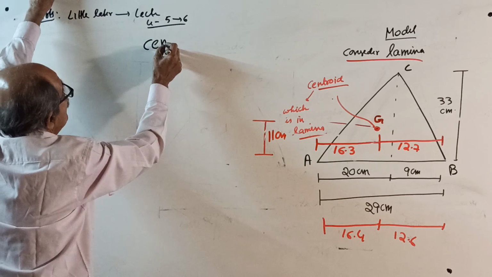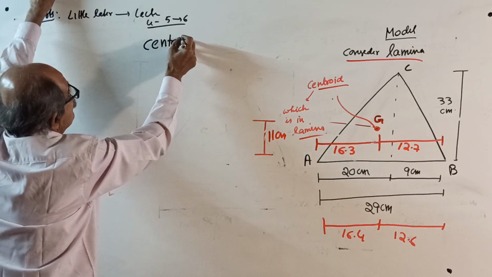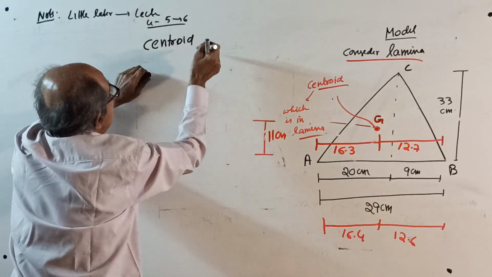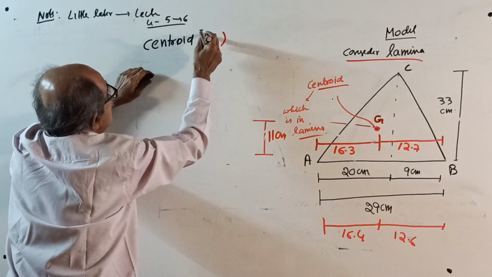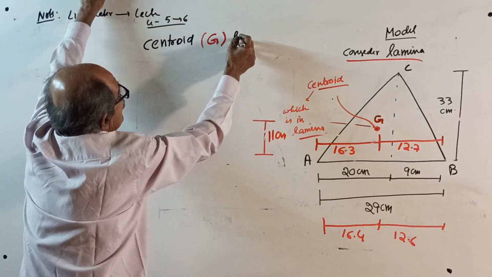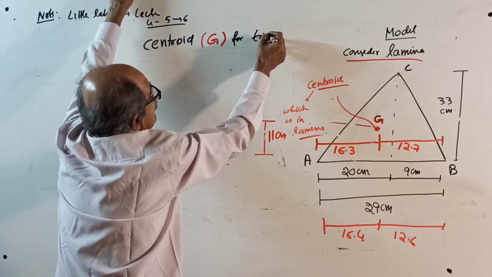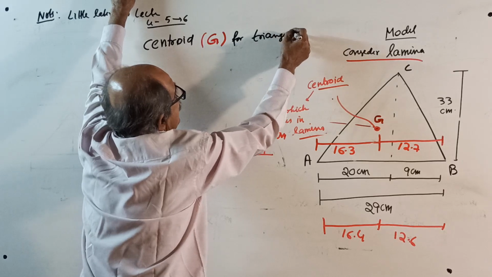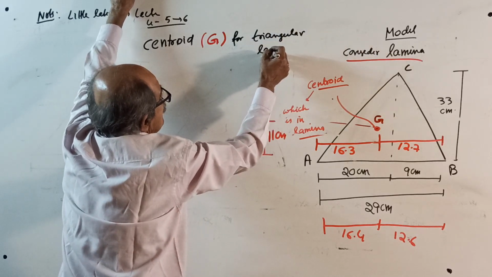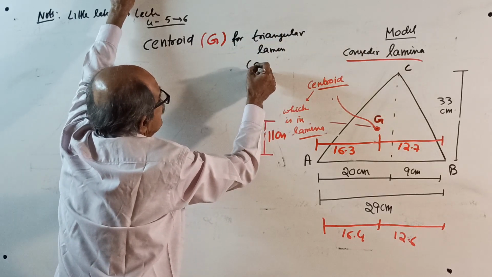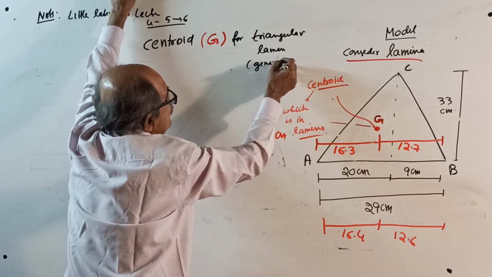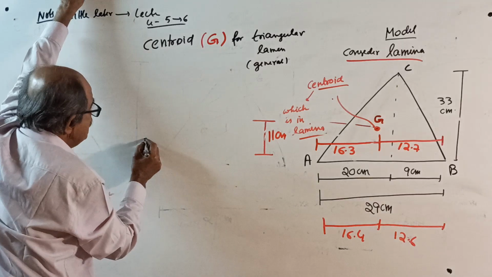centroid. That is G, the centroid symbol is G, for a triangular lamina. Lamina in general means, see, there is one triangle called a right angle triangle.